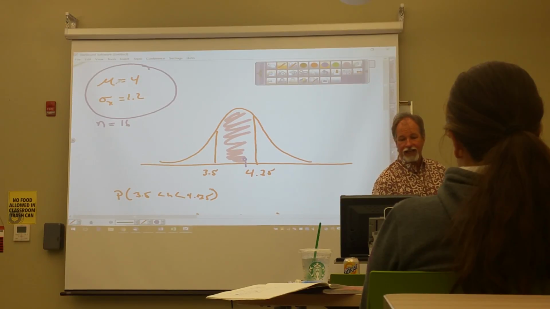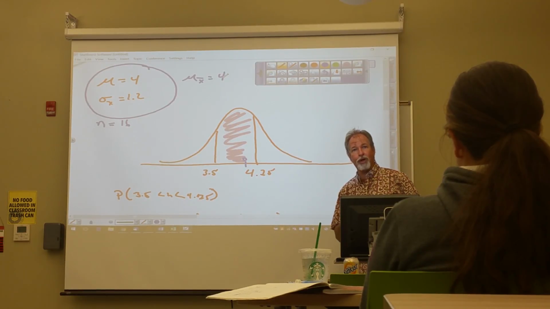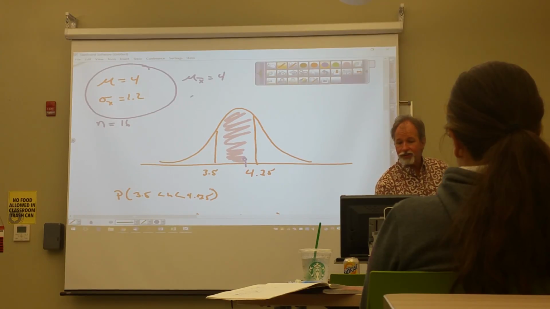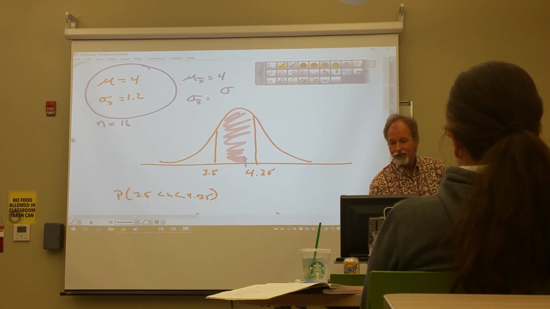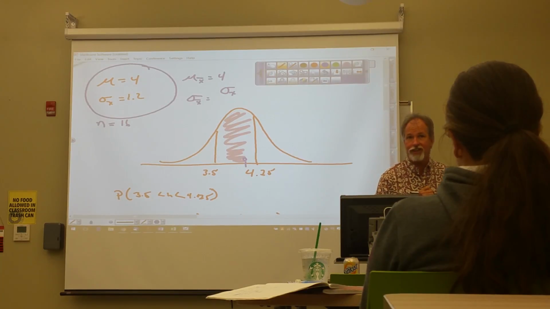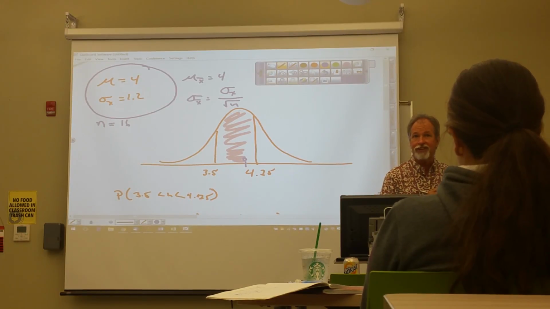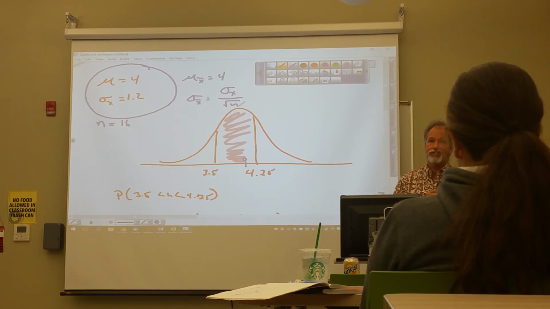Now, the mean of the sample data is still going to be 4. But the standard deviation of the sample data is the standard deviation of the population divided by the square root of the sample size.